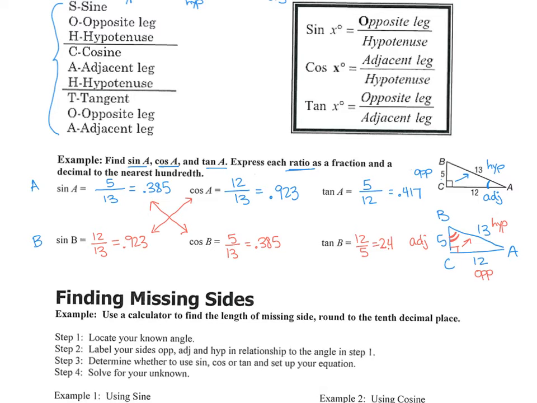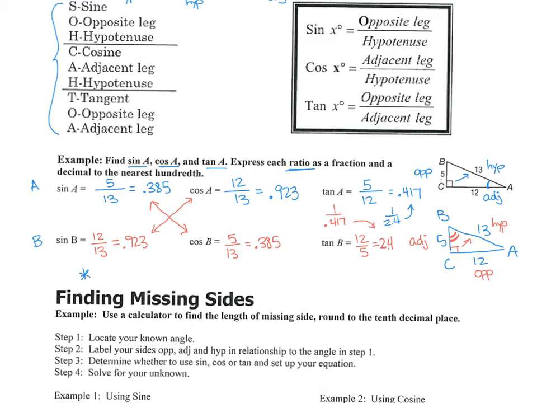The tangent of A is really the reciprocal of tangent of B. So if you would do 1 divided by 0.417, you would get 2.4. If you would do the reciprocal of 2.4, 1 divided by 2.4, you would get 0.417. We'll be studying these relationships between the angles in a right triangle.